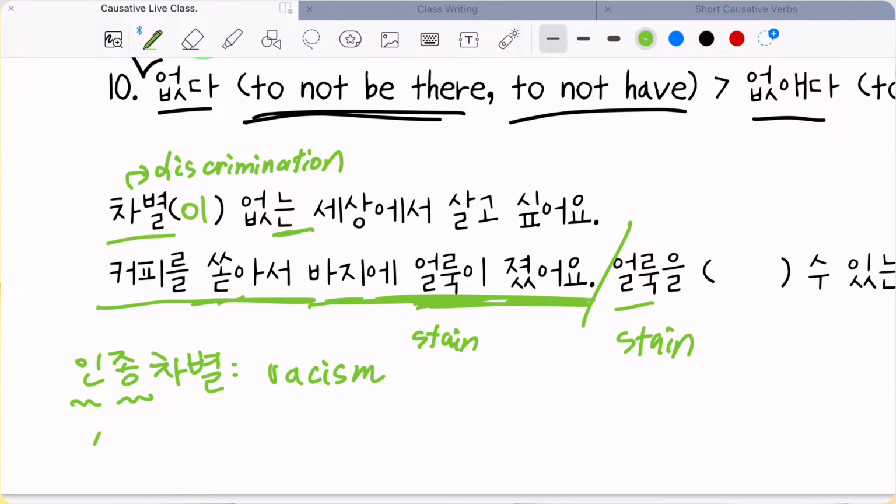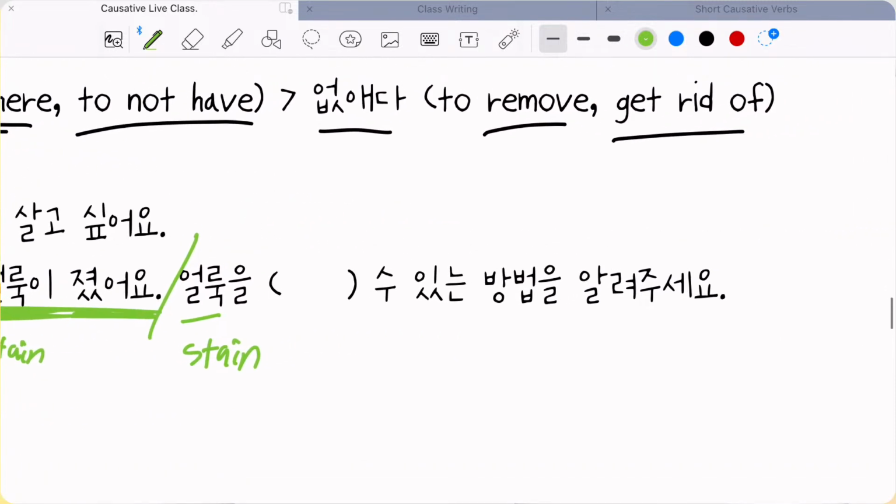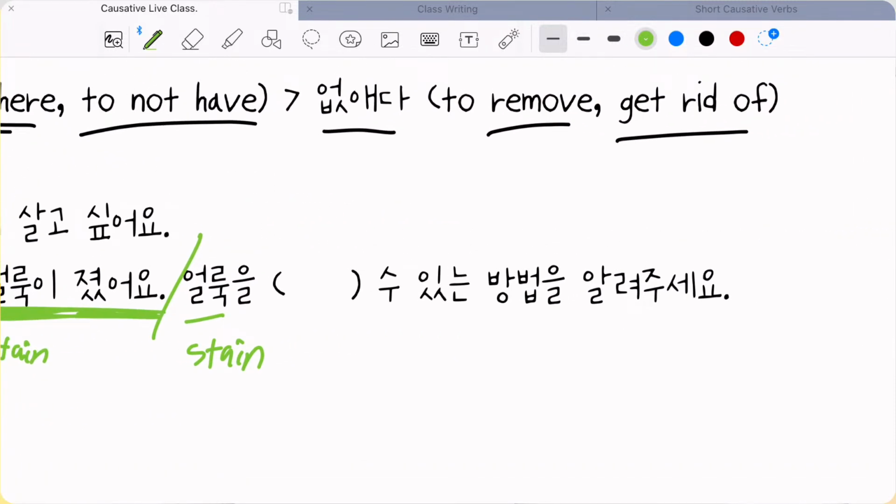And 성차별, 성 is like sex, as in men or women. So 성차별 means sexism, sex discrimination. So 차별 means that. Let's move back to the second sentence.